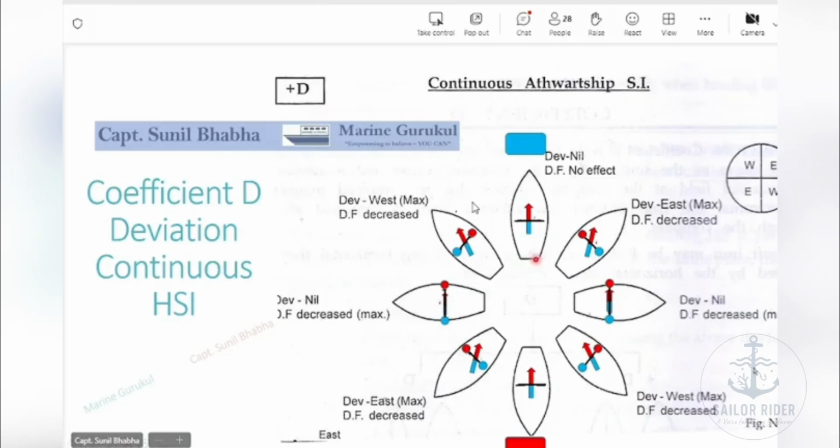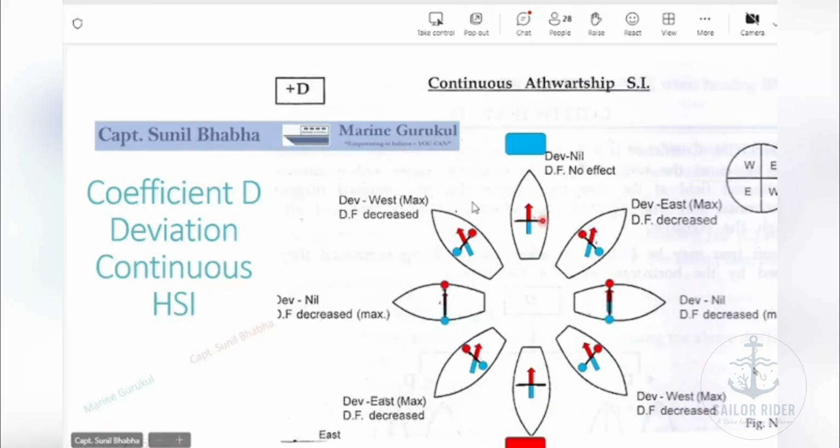So let's now first concentrate on the northerly heading. The vessel is on a northerly heading in this diagram. Now when the ship is heading north, this Athwartship beam is at right angles to the magnetic field lines of the earth. The magnetic field lines are running from south to north, and this beam is lying in the east-west direction, perpendicular to the earth's magnetic field.